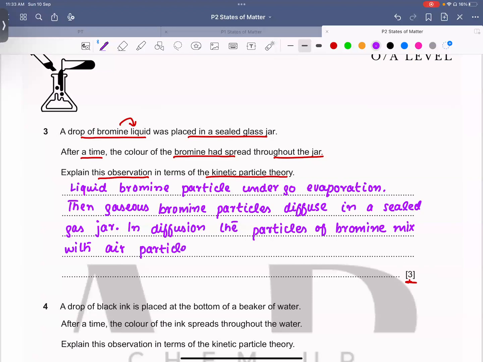See, if you recall that the mixing of particles is diffusion. So if you write that the particles of bromine mixed with air particles, that is fine.